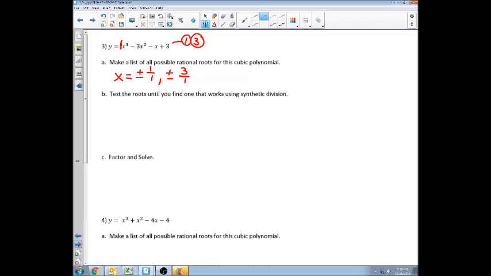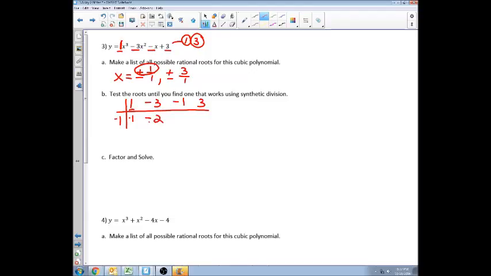My coefficients are 1, negative 3, negative 1, and positive 3. My first choice is going to be positive 1. I'm going to try. So I bring that down here. I'm going to drop this 1. 1 times 1 is 1. 1 minus 3 is negative 2.